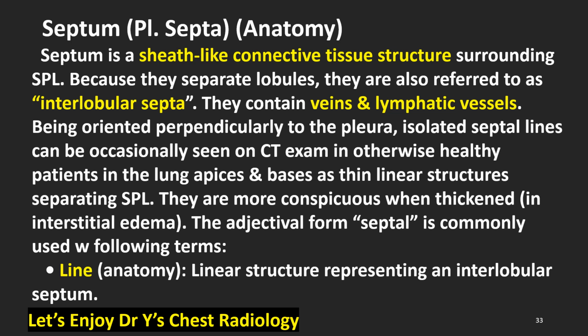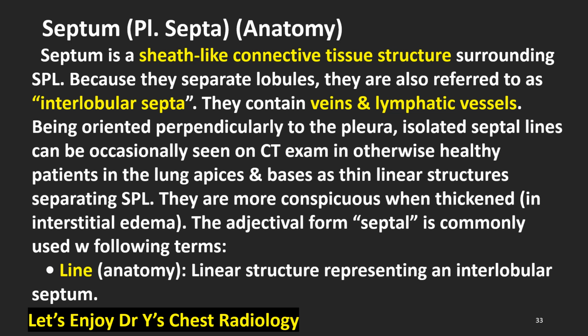Being oriented perpendicularly to the pleura, isolated septal lines can occasionally be seen on CT exam in otherwise healthy patients, at the lung apexes and bases, as thin linear structures separating secondary pulmonary lobules. They are more conspicuous when thickened in interstitial edema.